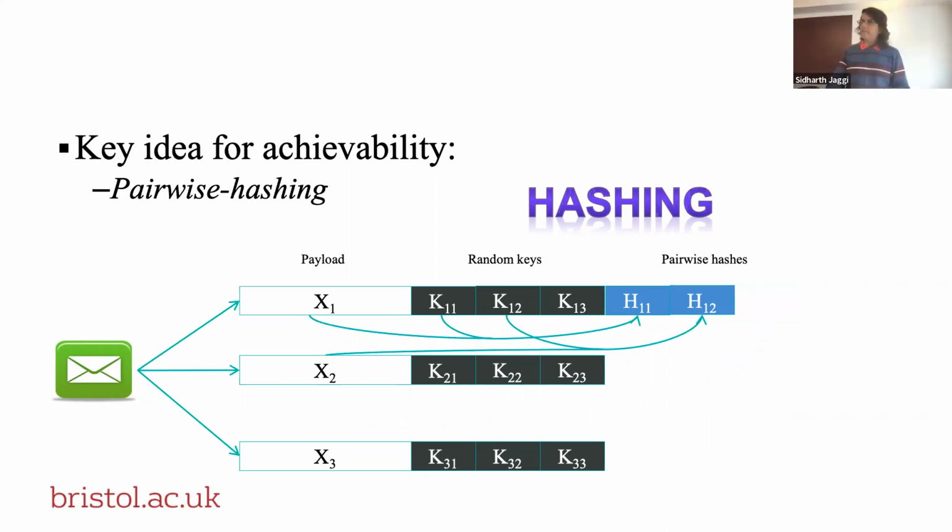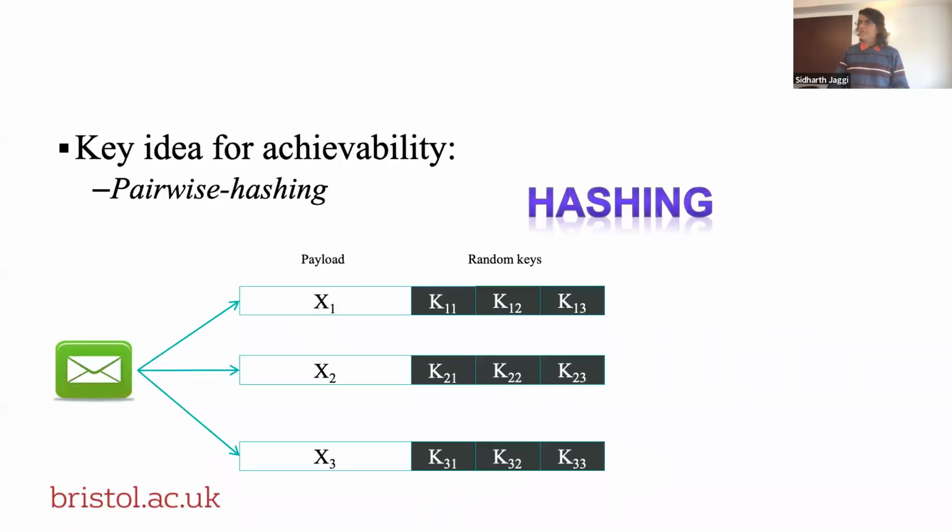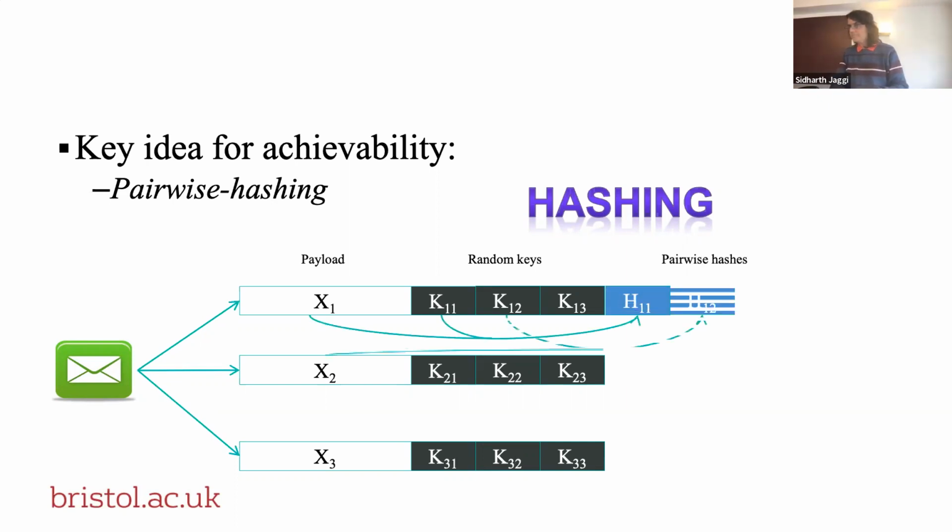Because remember, in this example, Calvin or James or the jammer basically only has access to this middle link over here, right? So therefore, he doesn't necessarily know the keys on these other links, on the first link and the third link, right? And therefore, his jamming scheme, which is not aware of these secret keys, may not be optimally designed to cause damage on these other links, right? And that's what we'll implicitly leverage over here.